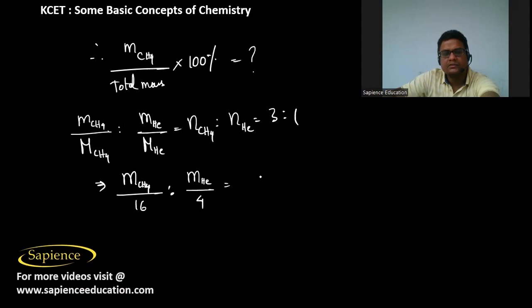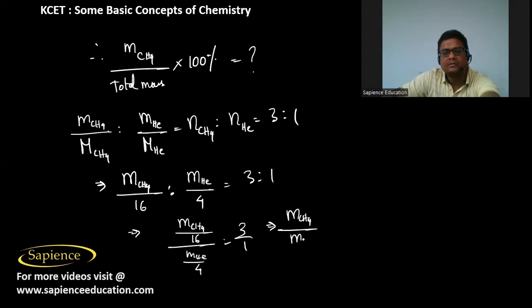So that is equal to 3 is to 1. Therefore, mass of methane by mass of helium into 4 by 16 is equal to 3 by 1. So 4 4s are 16. So mass of methane by mass of helium is equal to 12 by 1.